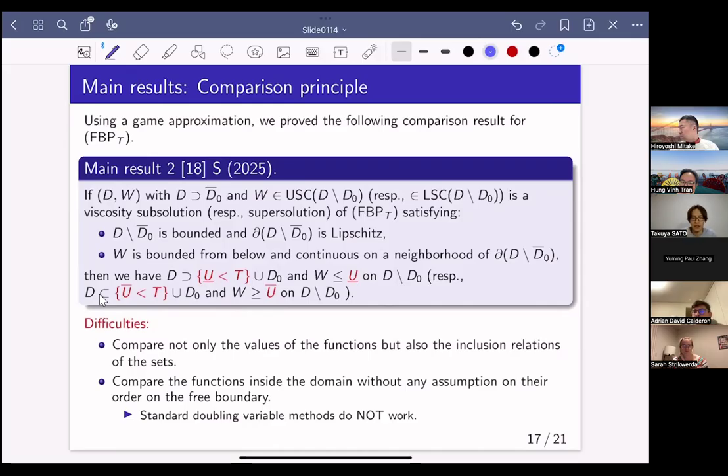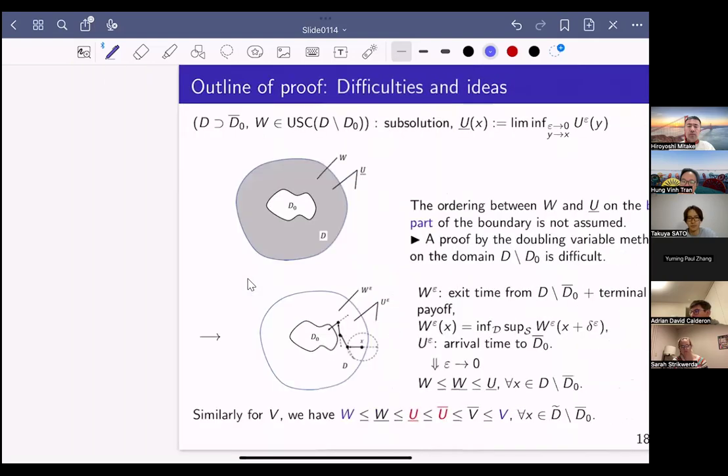Moreover, we need to compare two functions with no assumption for the ordering between W and u on the free boundary, partial D_T.